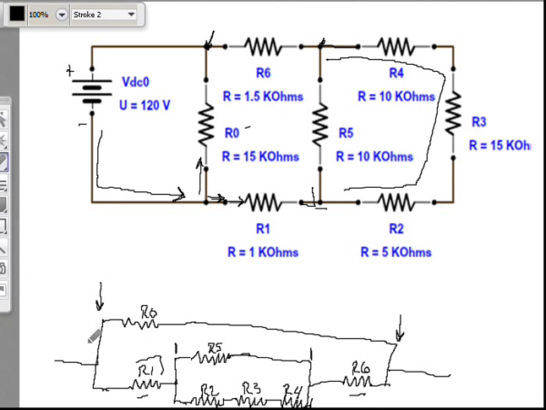My total current is going to branch off across there, and then the remainder is going to go through here.